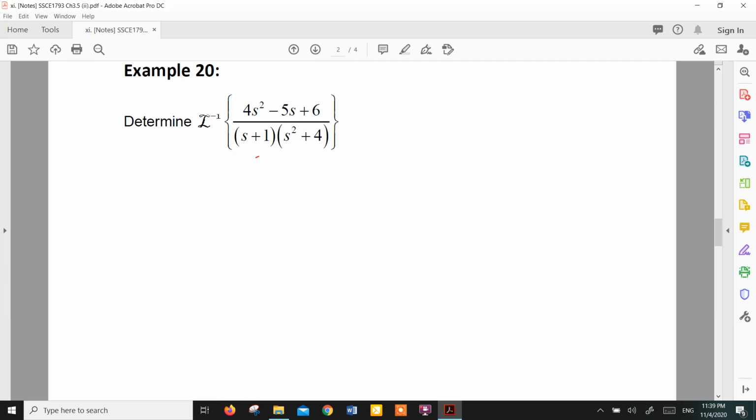Now by using partial fraction, for s square minus 5s plus 6 over (s plus 1)(s square plus 4) equals A over s plus 1 plus, for s square plus 4, here you have s square plus 4, so here will be Bs plus C. So by using partial fraction, you will get A equals 3, B equals 1, and C equals negative 6.